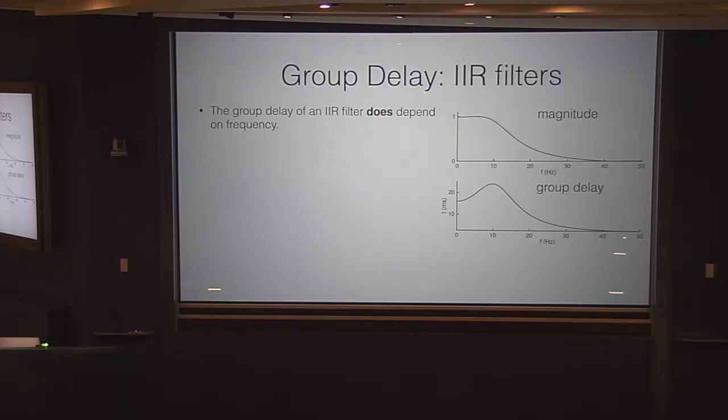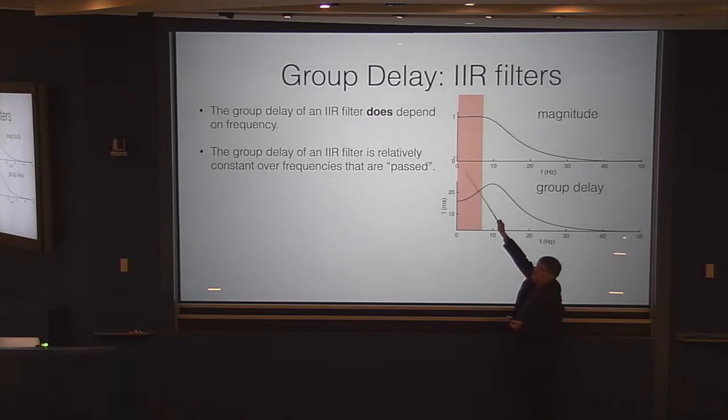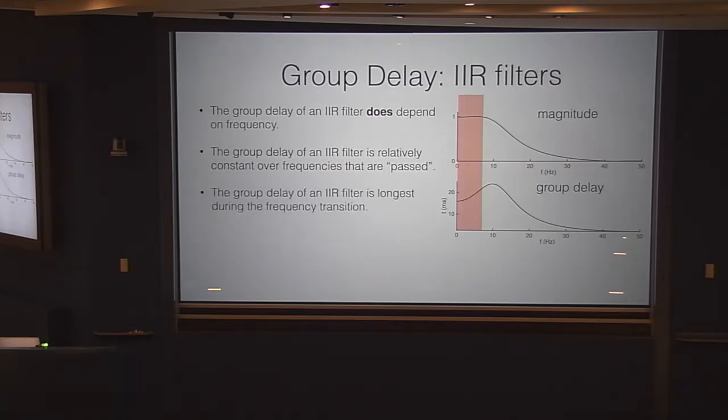And I'll tell you the general trend of what happens to the group delay, which is in the pass region, where the magnitude is 1, so it's letting things through, the group delay is relatively constant. You might argue that this is rising, but it's really all around 20 milliseconds, so it's relatively constant. In the transition region, the group delay is longest, and so the worst case scenario in terms of group delay will be filters in this transition region.